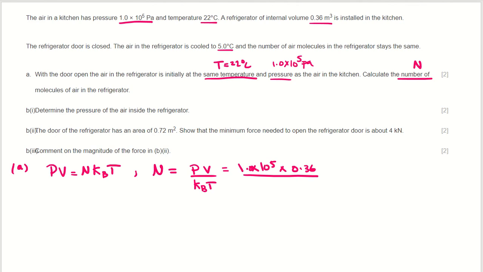Okay, so K_B, the Boltzmann constant, is 1.38 times 10 to the power of minus 23 times the temperature. It needs to be in Kelvin, so it's 22 plus 273, and the answer is going to be 295. And you just plug this into your calculator. Let me do it quickly.